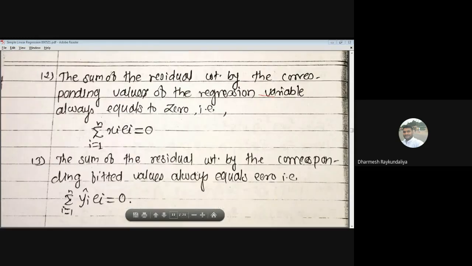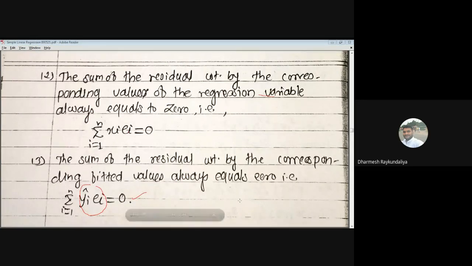Similarly, the sum of the product of the residual with the corresponding fitted value is always equal to 0. That means if you take the product of ei and yi cap and then sum, it always gives 0.